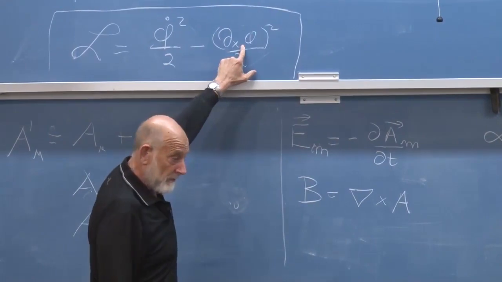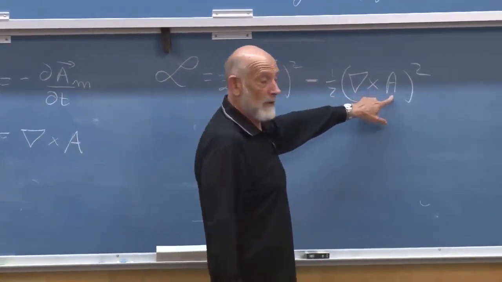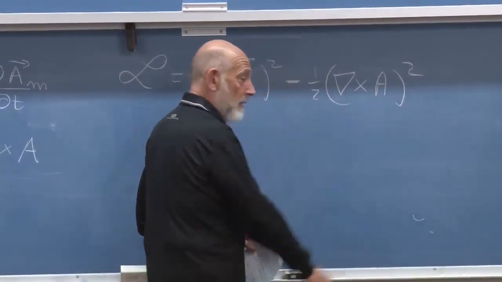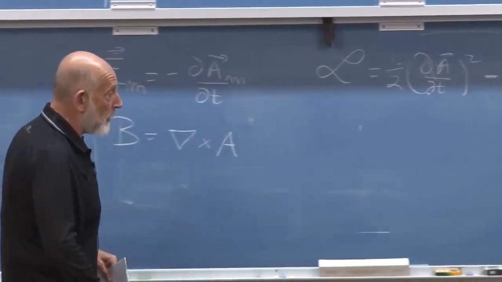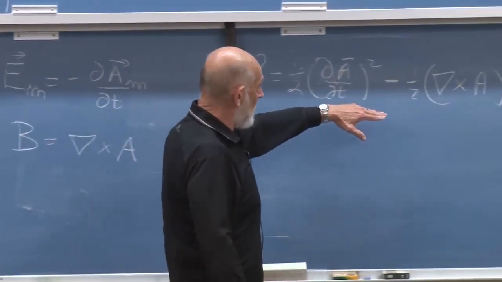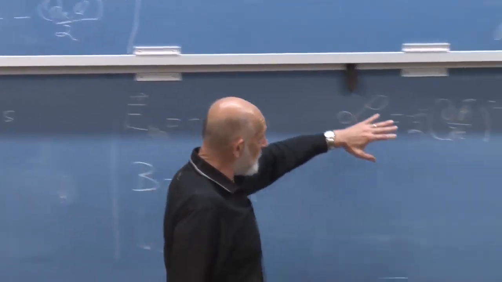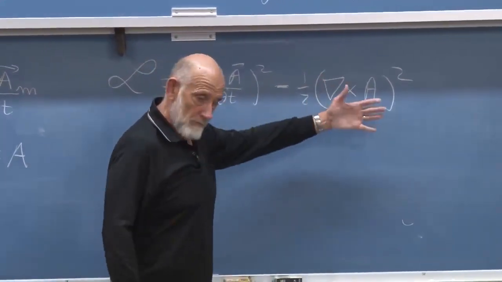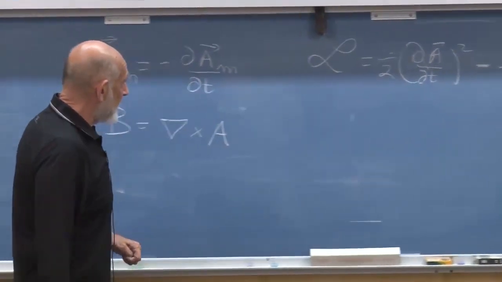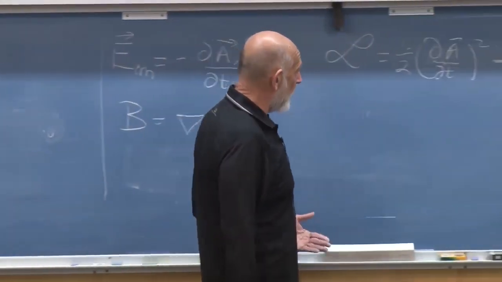A curl only involves space derivatives, and A only has space components. So what we have here looks quite similar to what we wrote up here: squares of time derivatives minus squares of various kinds of space derivatives. The Lagrangian looks nice and healthy. It doesn't have anything peculiar about it.